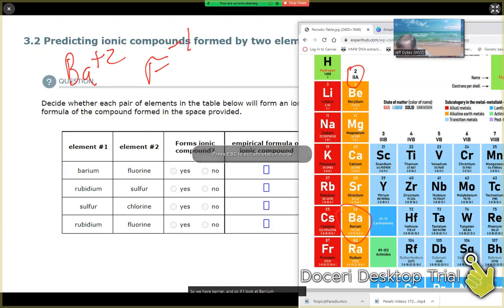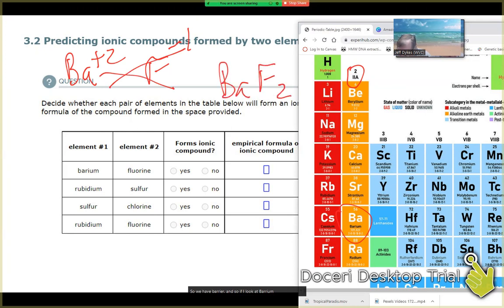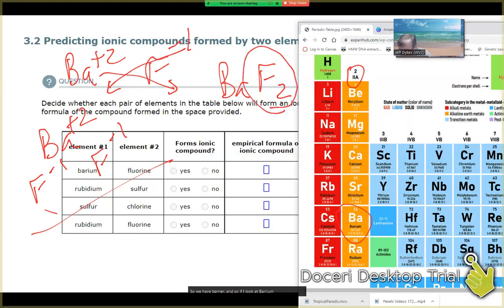And then we just do crisscross. So that's one way to do it. We get barium, and then fluorine is a 2. Another way is to look at barium. It has a +2 charge, so then we need -1 and a -1 to balance that out to 0. So barium is +2, and fluorine is -1, but we have to have 2 of them. So barium fluoride is going to be the name of this chemical, and it's going to be BaF2.